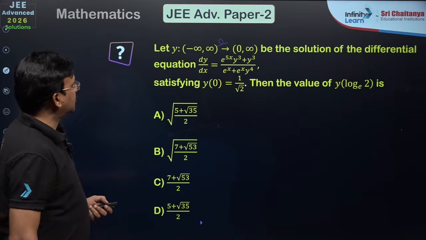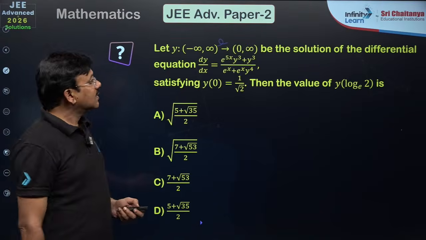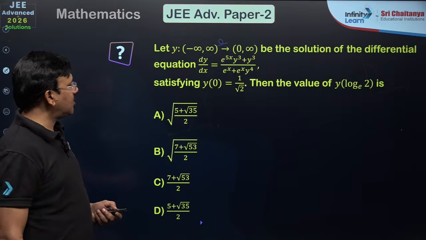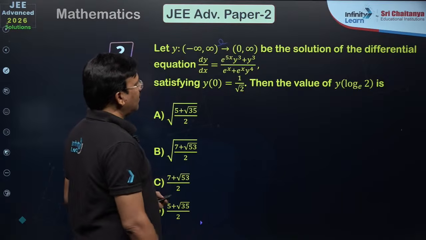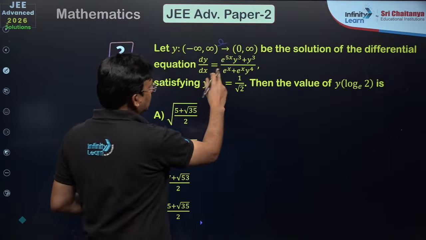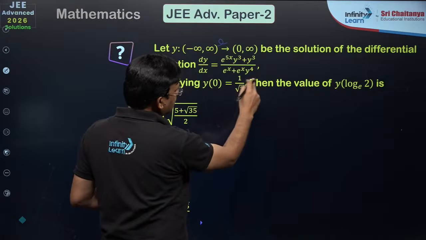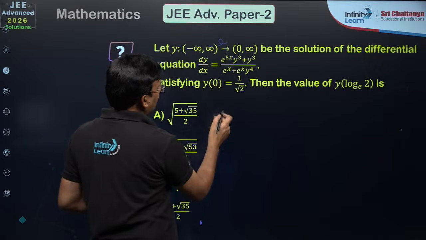Okay. Next, third question. This is a differential equation. You can here just separate, y cube can be taken common here. So, this is dy, you just separate e power x common here.